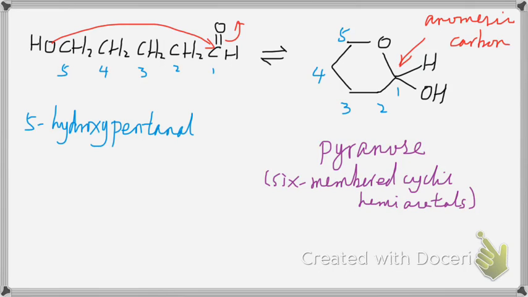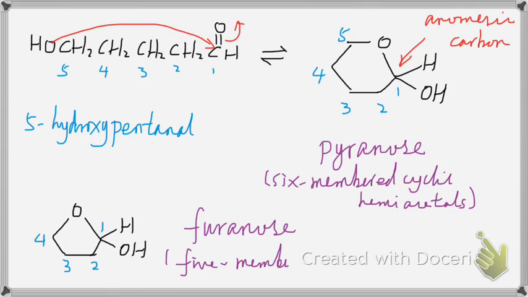And similarly, for the 5-membered ring, we call it furanose. We would include this pyranose or furanose in the names of the cyclic sugar, and so you know what kind of ring it will involve.